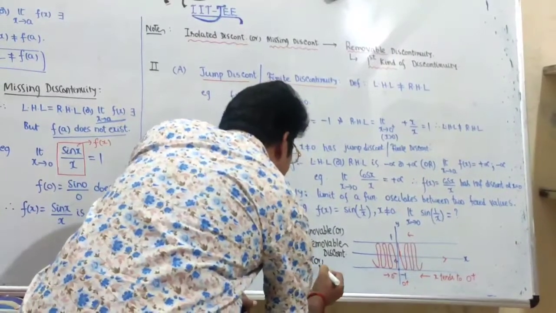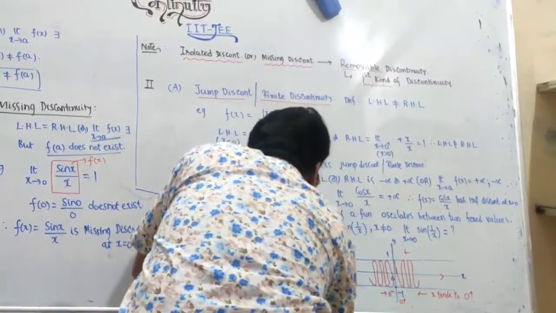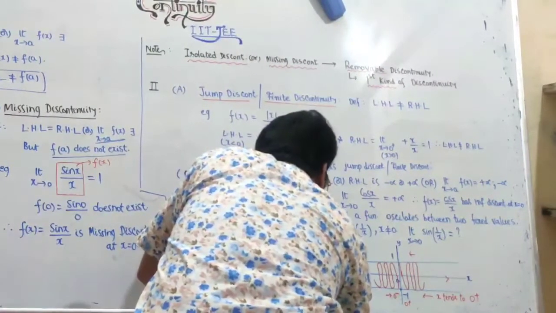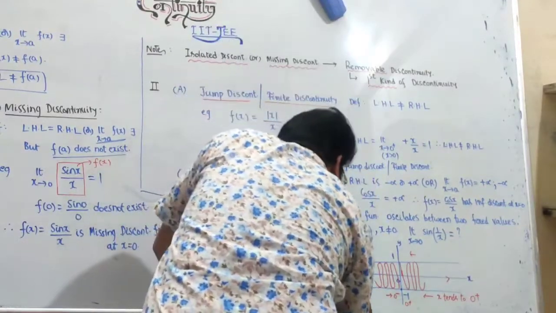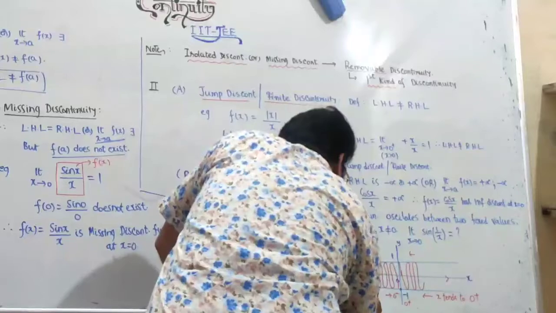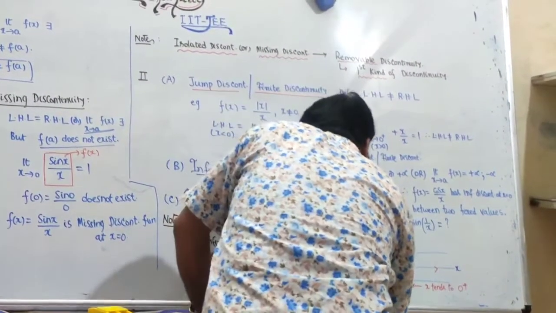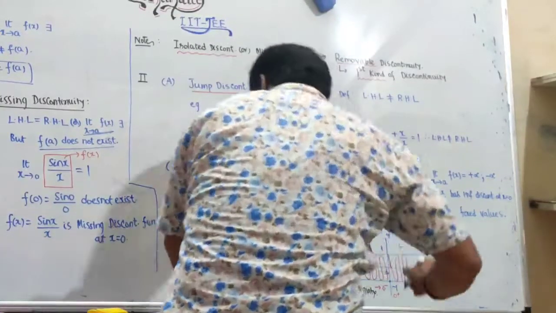Or first kind of discontinuity. The first kind is already over. This one is the second kind of discontinuity.